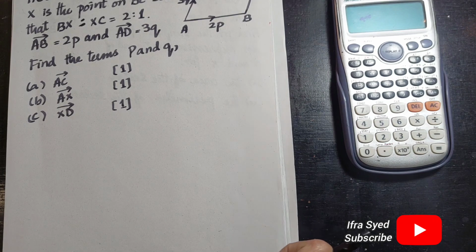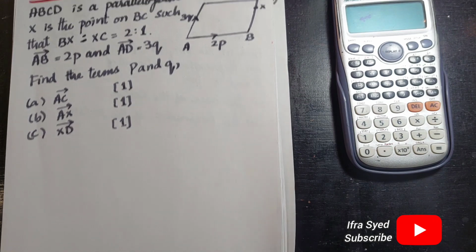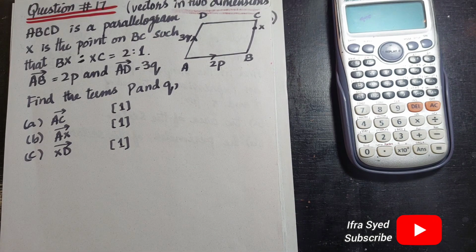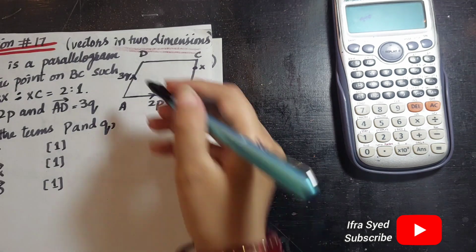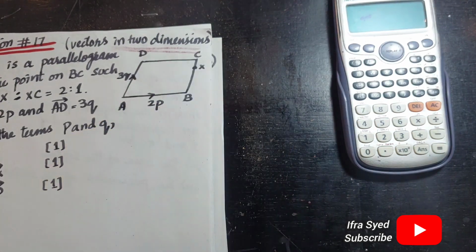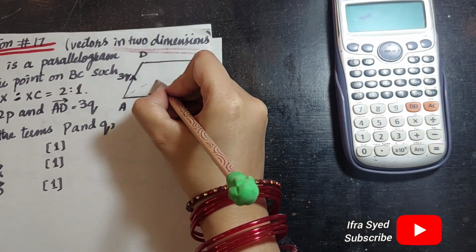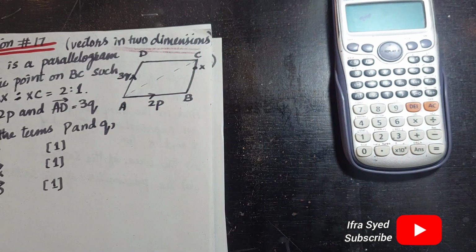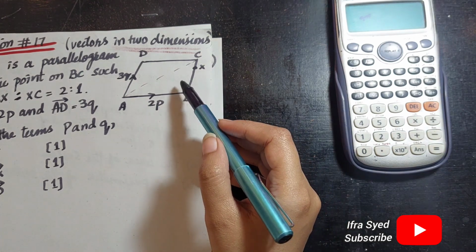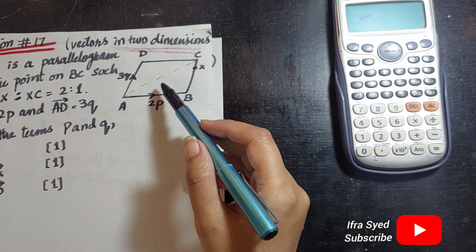As it is written that it is from vectors, so we can easily find out the value of this AC by using the resultant vector. In the resultant vector, we add the two vectors to get the answer of the third vector.